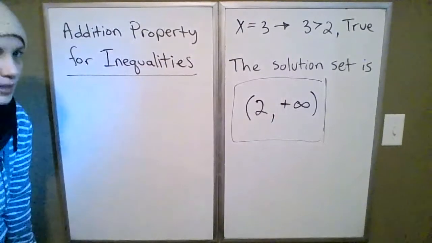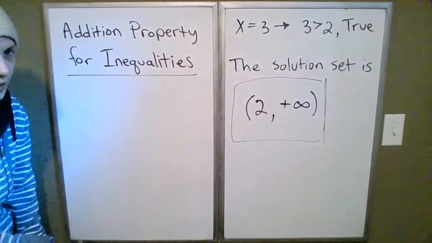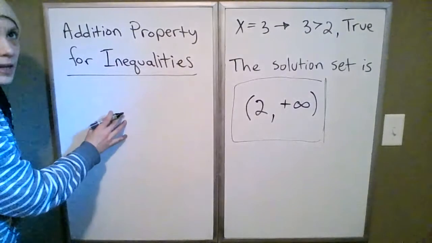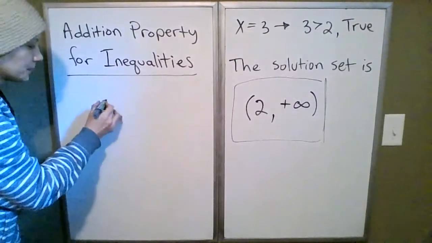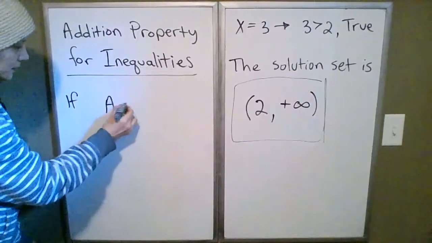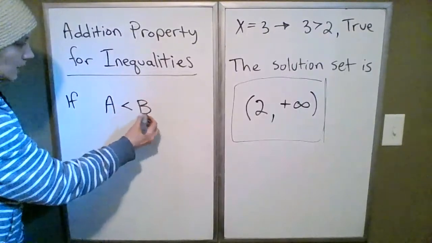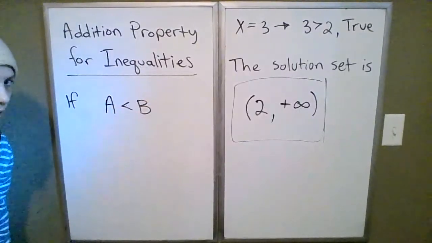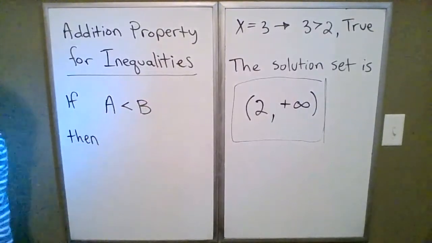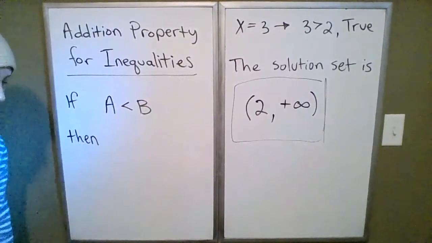If A is less than B, and A and B can be numbers, or they can be algebraic expressions, anything of this form, then you can add the same value to both sides.